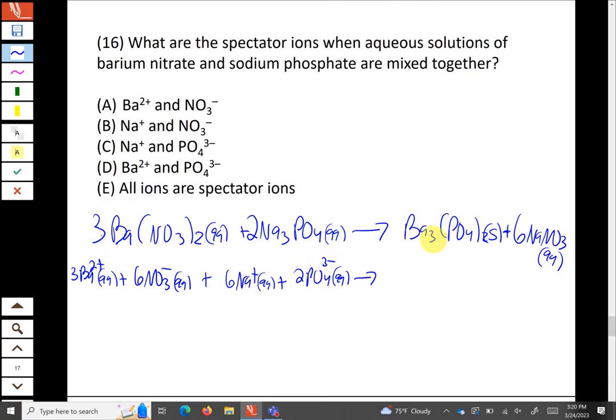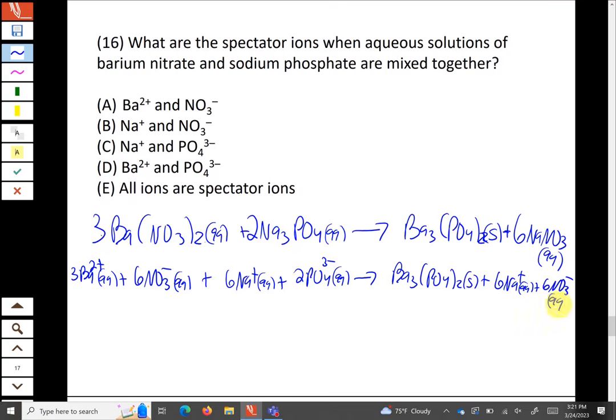And then on the product side, this is our insoluble product, our precipitate. That one's going to stay together. We're not going to separate that because it's insoluble. And then we have 6 sodium pluses and 6 nitrates.